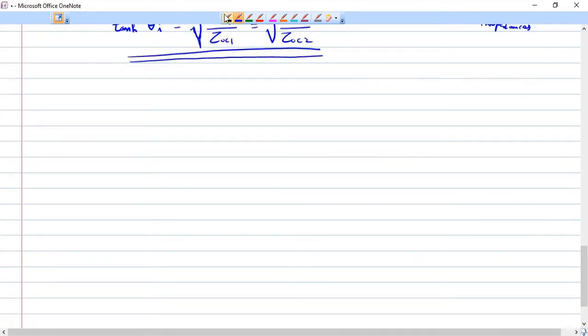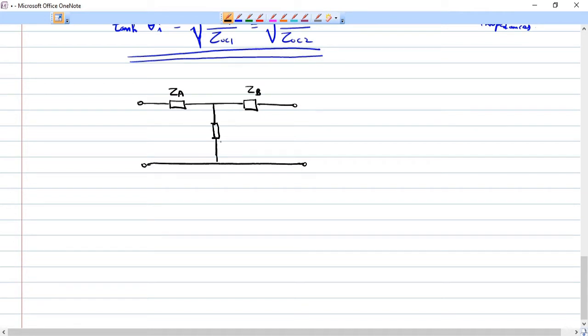So after this, we have seen the case of a general T network, a general asymmetrical T network. Okay, so we have the series arm impedances ZA and ZB, the shunt arm impedance ZC.